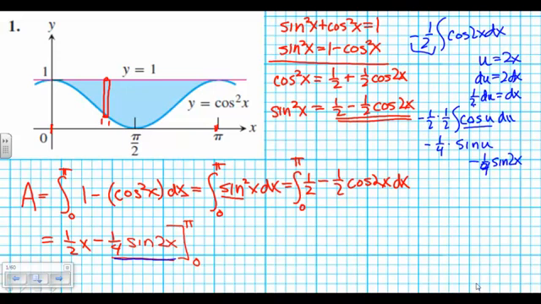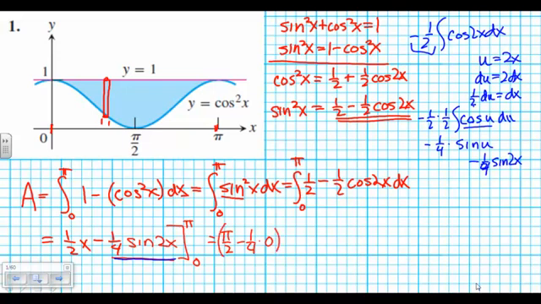All right, let's finish it off by evaluating that. Evaluating at the top end first, I get 1/2 pi minus 1/4, and I'm going to need to know what sine of 2 pi is. If I remember that, that's 0.